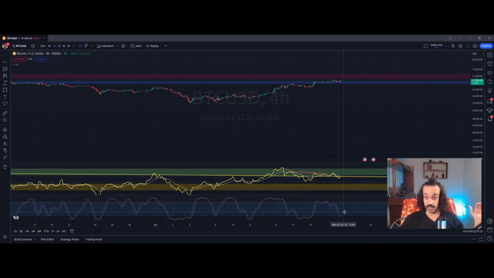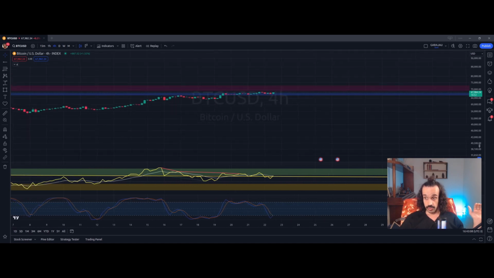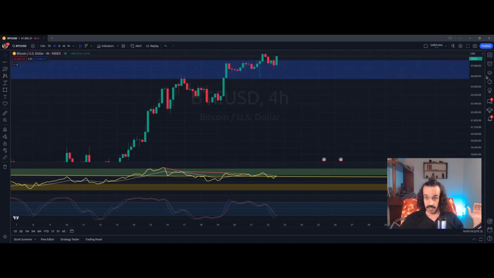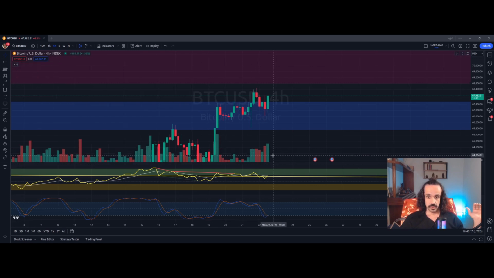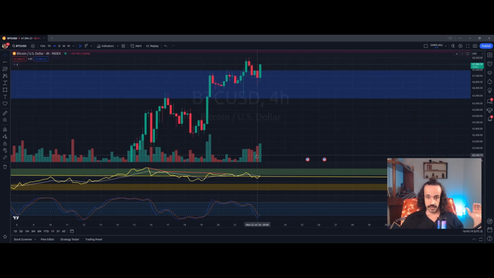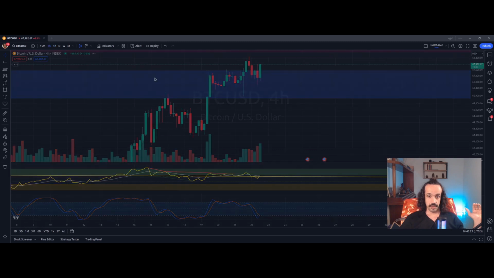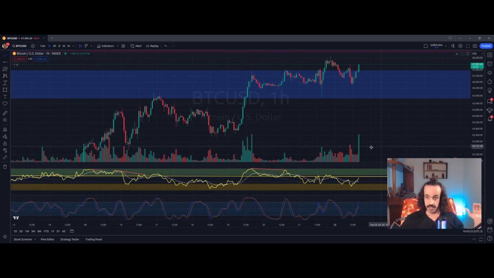The 4 hourly though gives us some room for a little more upside, as we can see with this candle right here. If we use the volume as well, we can see there's some volume for this. On the 1 hourly, there's reasonable volume as well.